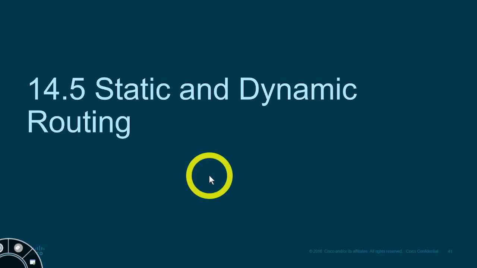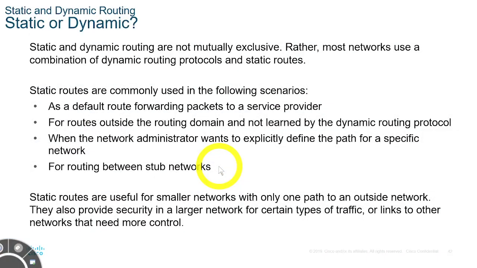Okay, now we want to talk about static and dynamic routing. Static and dynamic routing are not mutually exclusive. Rather, most networks use both of them, a combination of dynamic routing protocols and static routes. Remember, static routes we manually configure them.